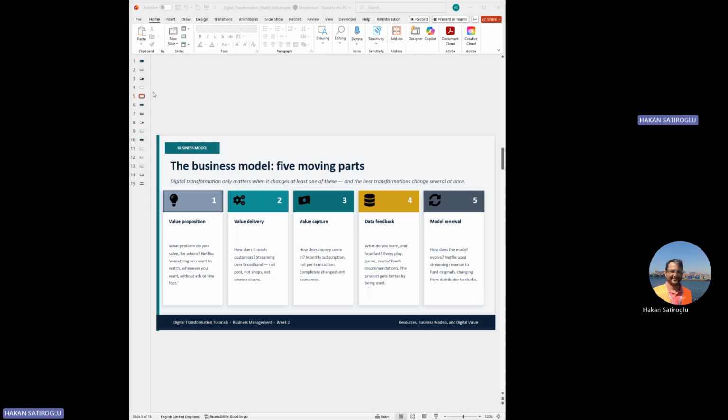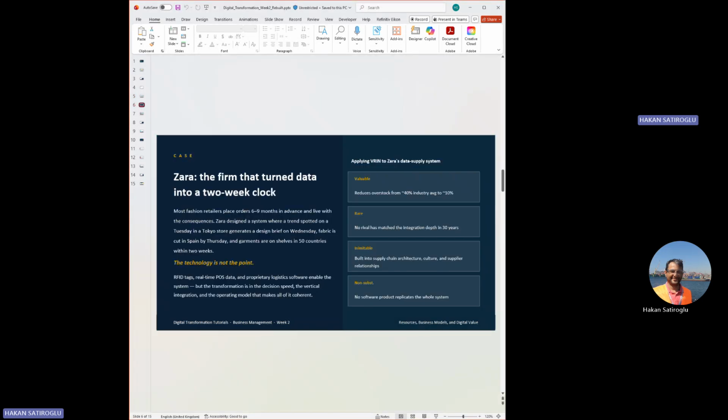One of the case studies, on the next slide, is Zara. Zara shows what digital transformation looks like when technology is tied directly to business speed. In most fashion retail, firms predict demand months in advance, place large orders, then hope they guessed correctly.